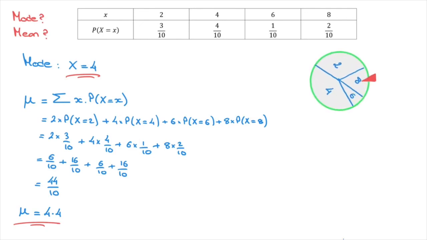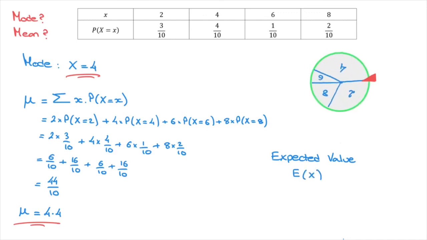Let me just add one last thing. The mean is often called the expected value, and that's the expected value of capital X, the discrete random variable. And we write it capital E in parentheses capital X. And to make things clear, that is the same thing as the mean mu.